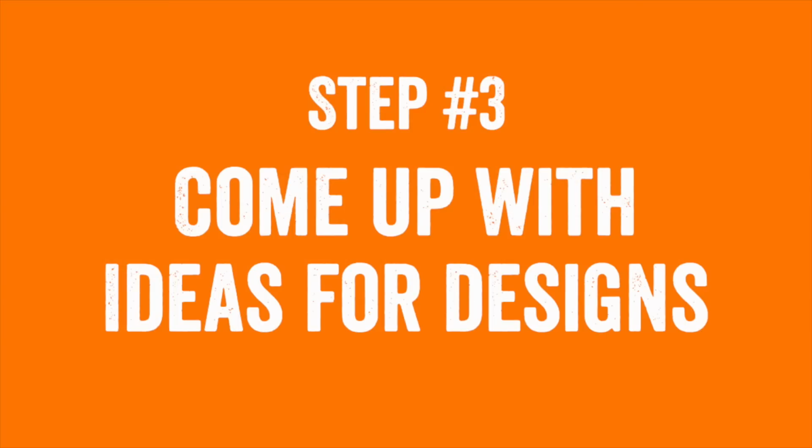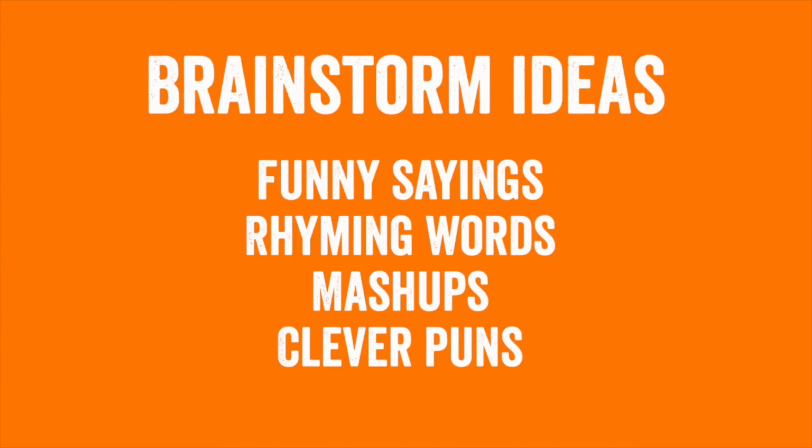So after you figured out the topic that you want to design for, the next thing you're going to do is brainstorm and come up with ideas, lots of different ideas. So I would say come up with funny phrases for those topics, maybe do some rhyming words, maybe some mashups, maybe some puns. There's lots of different ways that you can come up with this. You can also look for inspiration on these different sites.